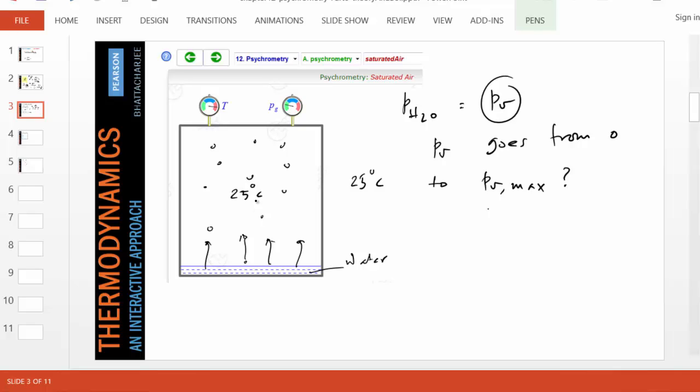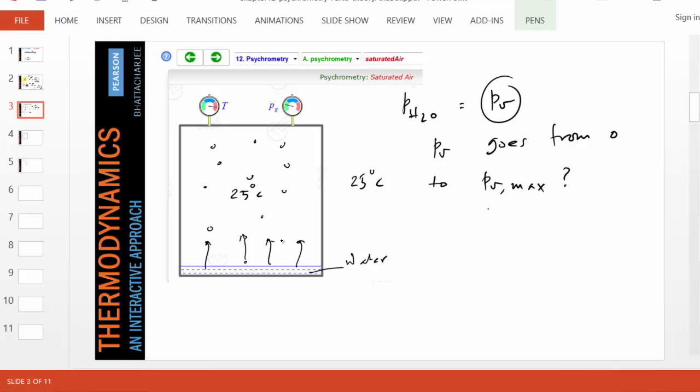Now, it's a very difficult question. If you just start thinking from fundamentals, you would say, oh my gosh, I have to figure out how much water comes out, what is the volume, etc. On the other hand, there is a very easy answer if you recognize that this water will seek equilibrium. As time goes by, at the end, the pressure will not change anymore. When the vapor pressure reaches its maximum, it's not that evaporation stops.